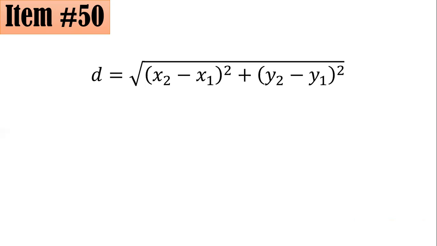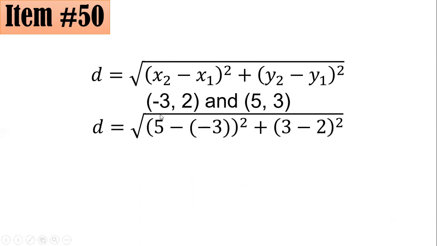And substituting those values, this will be your x sub 1, y sub 1. This will be your x sub 2, y sub 2. That's why you have 5 minus negative 3 quantity squared plus 3 minus 2 quantity squared, and you have to take the square root of the whole thing.